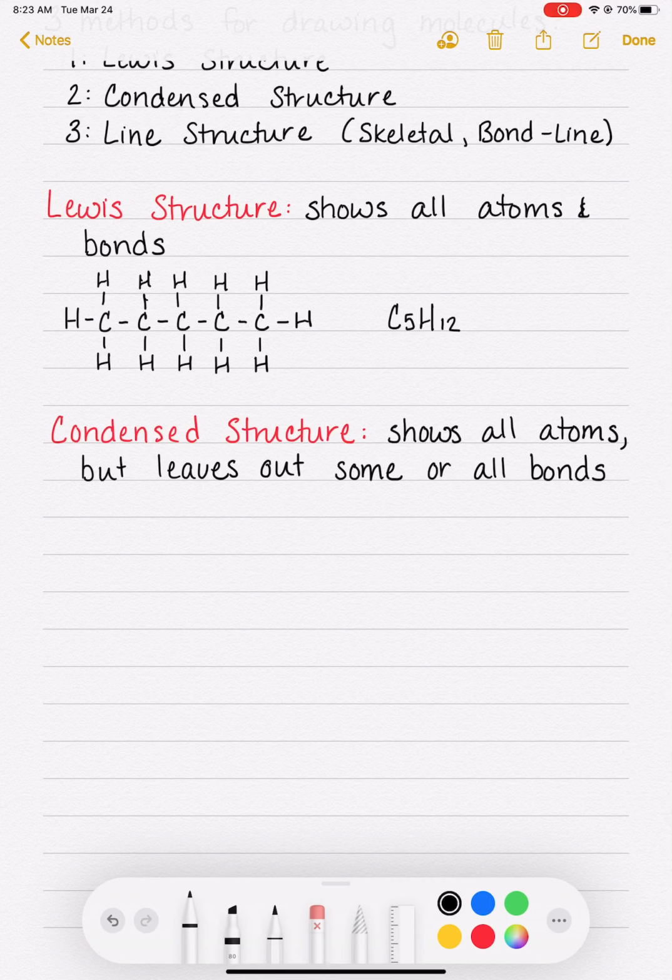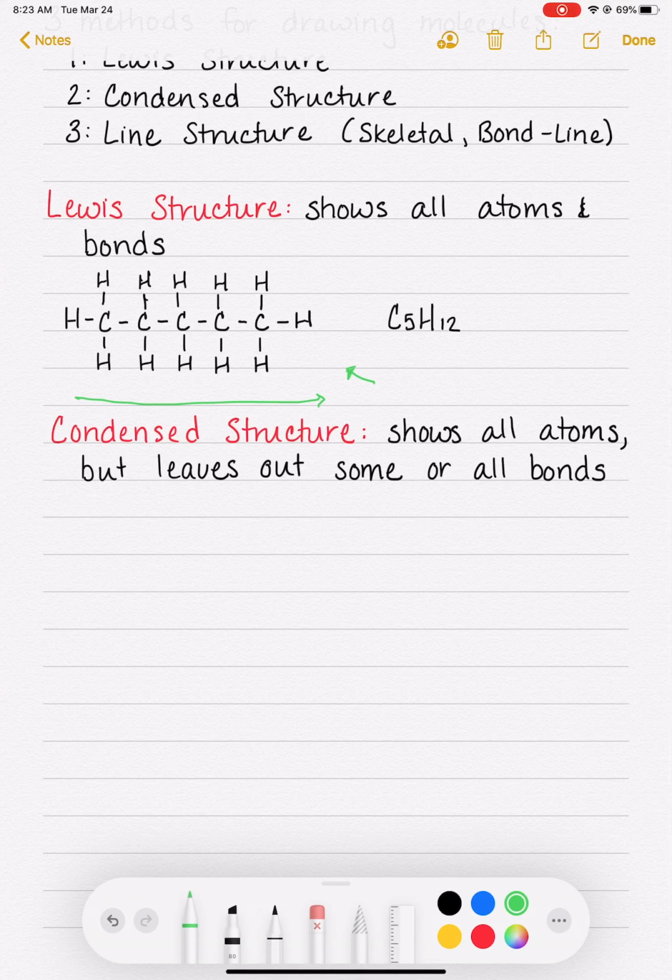So what we're going to do is take this C5H12 Lewis structure that we've already drawn, and we're going to turn that into a condensed structure. The way that we turn a Lewis structure into a condensed structure is we just read the molecule from left to right. We just take a look at what we can actually see.